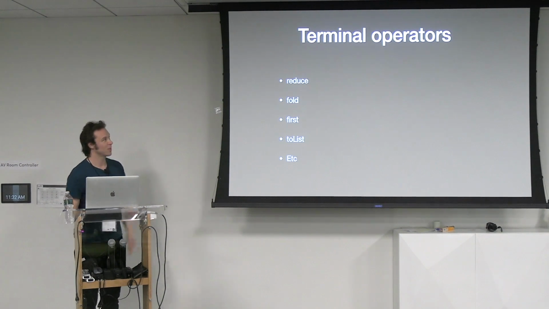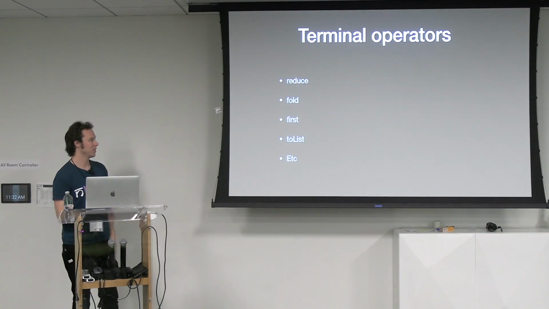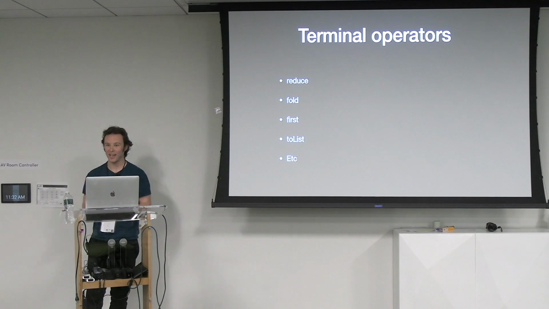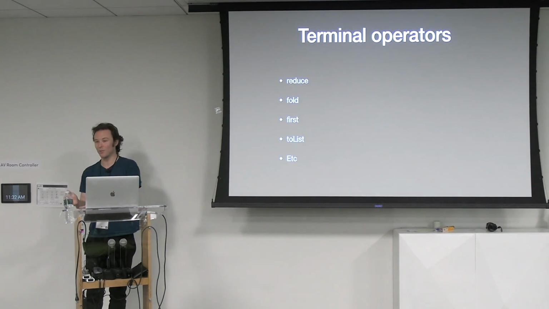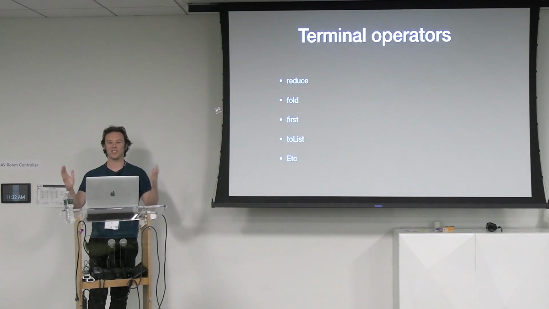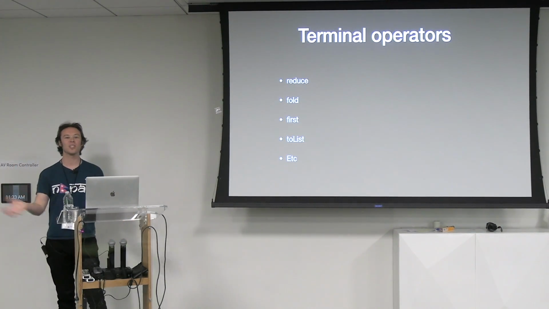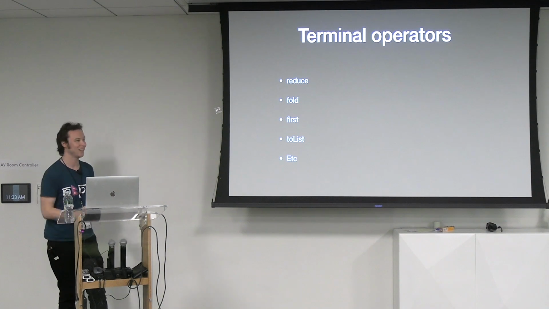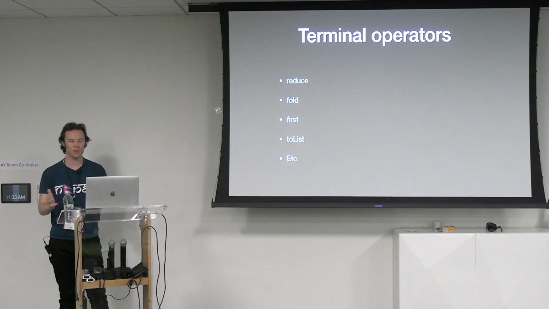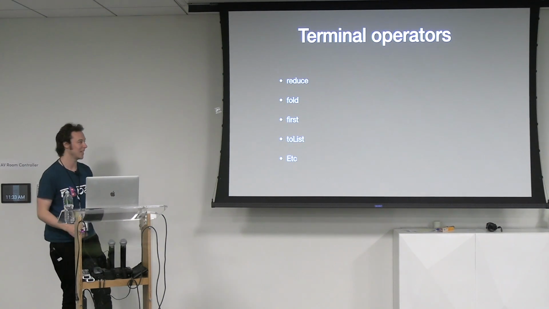So there's a bunch of these terminal operators, like reduce and fold. If you're trying to get the first item in a flow, that'll just give you an item. The return type will just be T, whatever the T is in your flow. If you're bundling up a flow into a list, again, it'll just give you back a list. There's no extra pomp and ceremony to getting it. You just get it back.